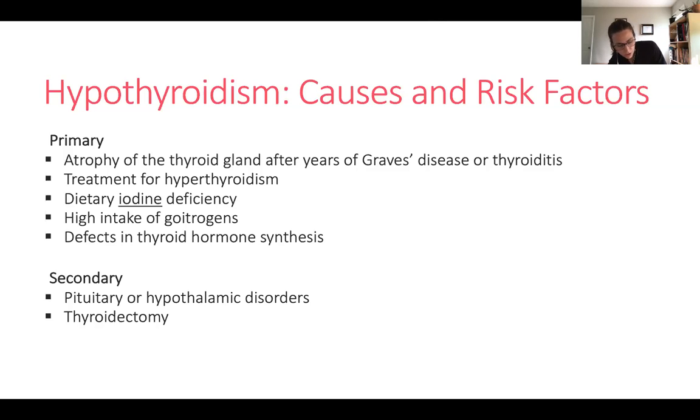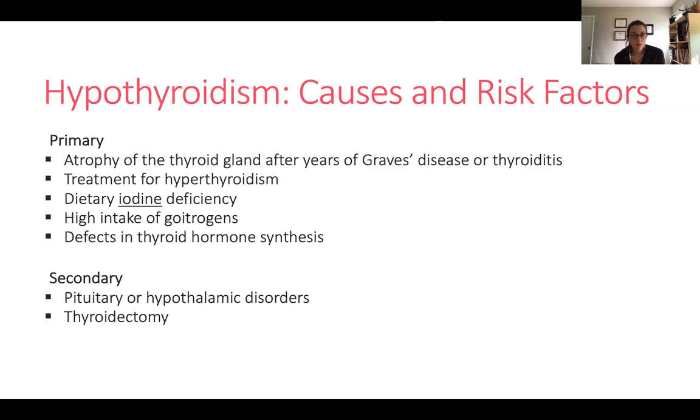Goitrogens is a term that refers to foods that keep the thyroid from getting the necessary amount of iodine and suppress thyroid hormone production. So soy and gluten, turnips and rutabagas are examples of those kinds of foods.